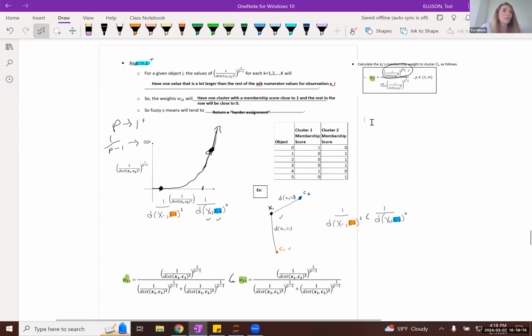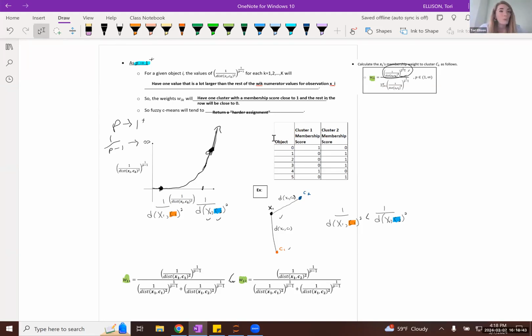But the downside of setting your value of p too low is that if you wanted a hard assignment in which every observation belonged to 1 and only 1 cluster, then you could have just run k-means and gotten a similar result, which is fine. But the thing here is that fuzzy c-means is actually more computationally complex than k-means.